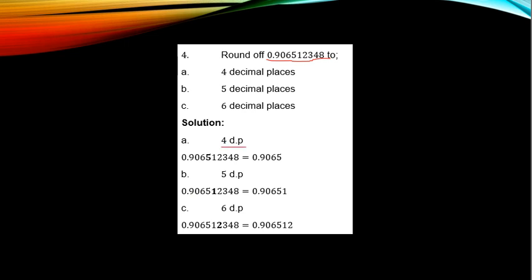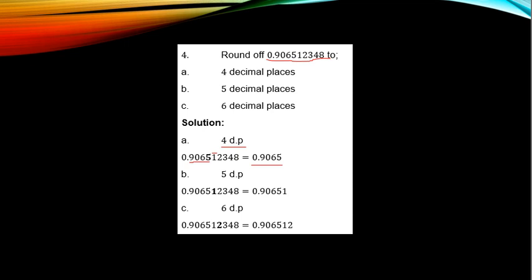For 4DP, we are interested in 9065. That is the first 4 digits after the point. The next one is 1. And 1 falls in the category of rounded down to 0. If you add 0 to 5, it remains as 5. So 4DP of the number is 0.9065.